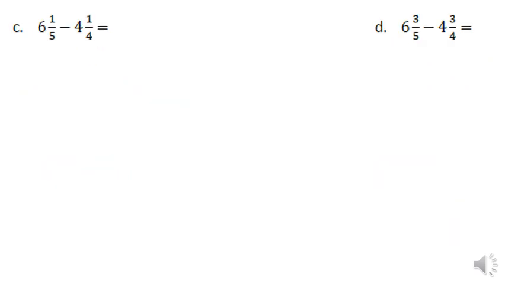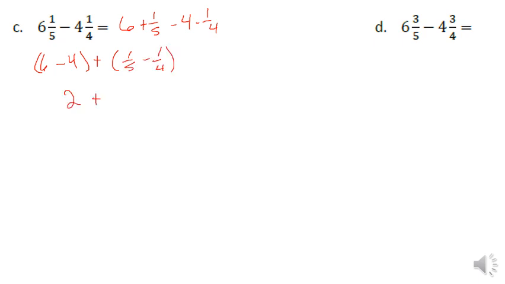Our next one, 6 plus 1/5 minus 4 minus 1/4. When we rewrite it, it's 6 minus 4 plus 1/5 minus 1/4. So we end up with 2 plus, and we're going to make our equivalent fractions. 5 times 4 is 20. 1 times 4 is 4. 1 times 5 is 5. We're going to regroup.